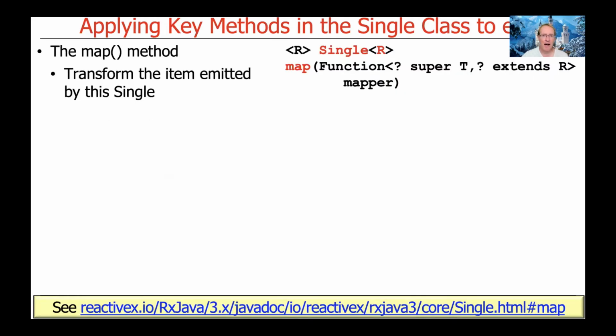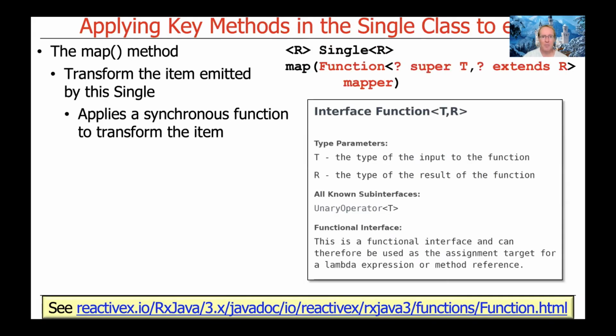The next thing we're going to talk about is the map method. Map is used to transform the item emitted by this Single, and this is going to look very familiar. Map returns a Single, and it applies a mapper function synchronously, so it'll call that method in the caller thread.